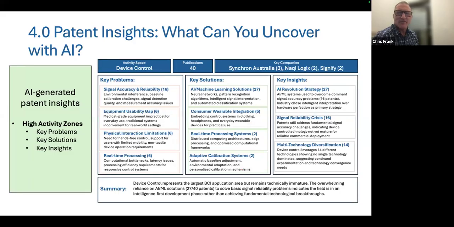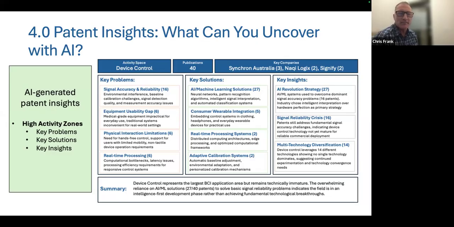All right, and then here's an example of the insights. Let's just say, which one did I choose here? Device, yeah, so this is device control. This is the high activity space. I feed this into the AI and it gives me the insights. What are the key problems? I'll just go through the top level ones that we have here. The key problems: signal accuracy and reliability. 16 of the patents are focused on this.